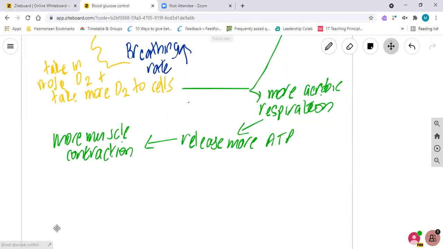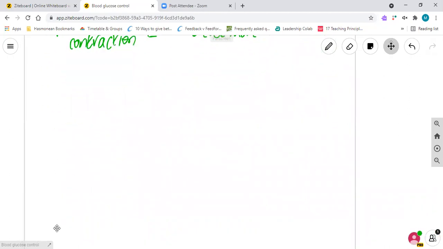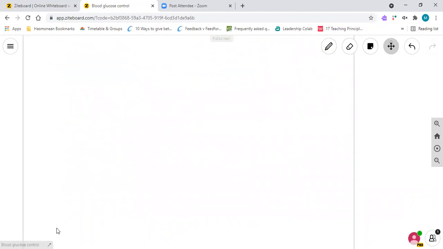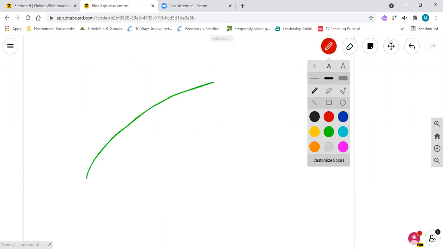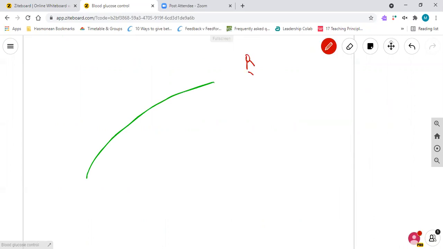Okay, so the next thing for us to think about is how adrenaline actually works. So let's go back and think of something like a liver cell. So here is the plasma membrane of our liver cell. Obviously, our plasma membrane is made up of a phospholipid bilayer.